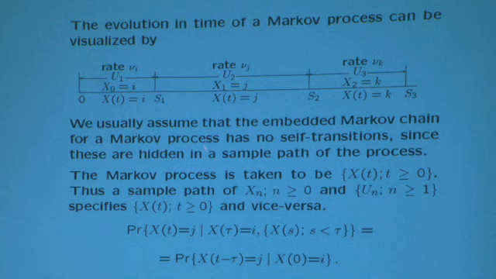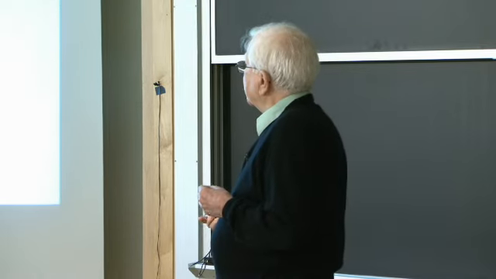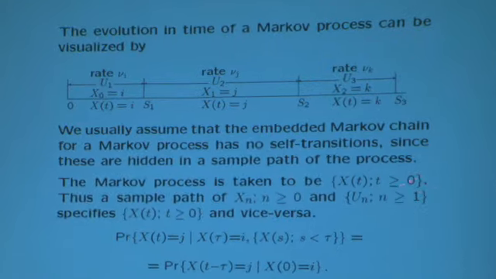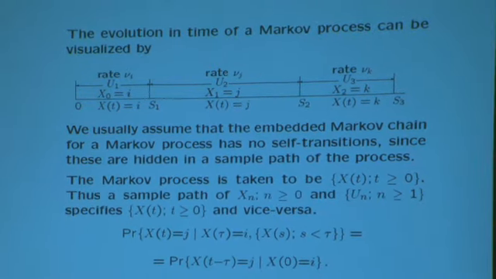We usually assume that the embedded Markov chain for a Markov process, remember the embedded Markov chain now is just the Markov chain itself without these holding times on it, has no self-transitions. Because if you're sitting in a state, x of t equals i, and suddenly there's a transition back to i again, and you look at the process in terms of x of t, t greater than or equal to 0, the state that you're in at each time t, what happens?